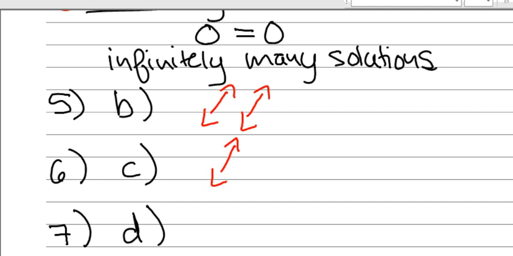It's just like one line laying on top of another line. They meet everywhere. So 6 is C.